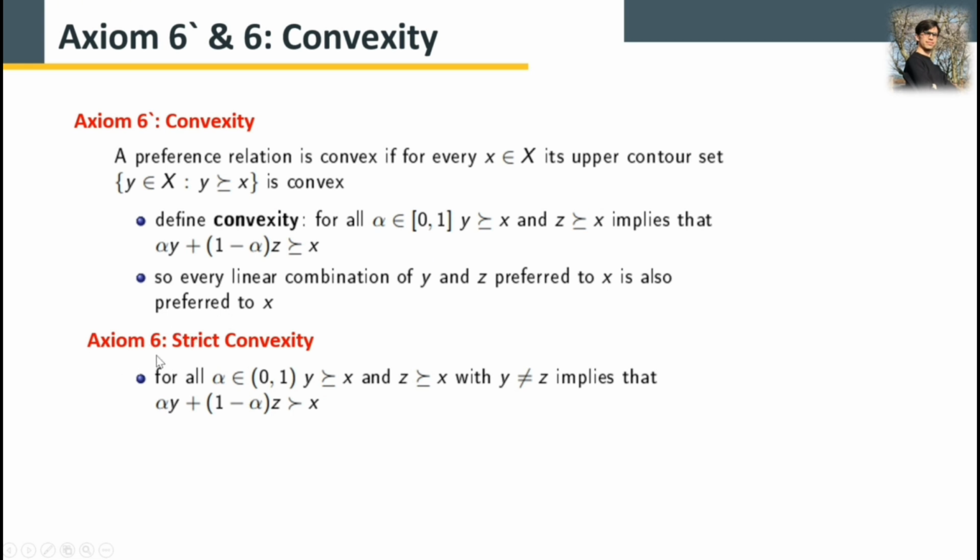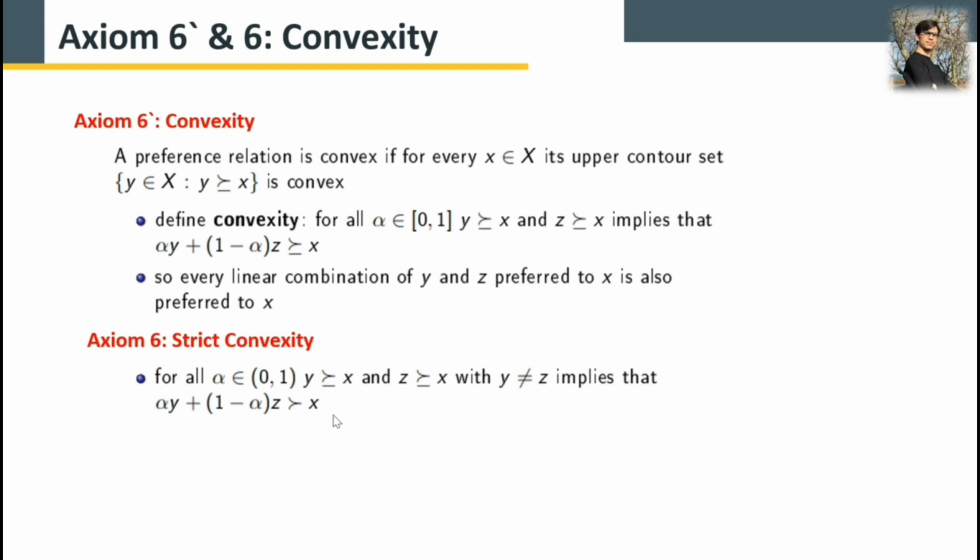And also we have axiom 6, which is strict convexity. This axiom says for all alpha from 0 to 1, when y is at least as good as x and z is at least as good as x, but y is not equal to z, this implies that alpha multiplied by y plus 1 minus alpha multiplied by z is strictly preferred to x.